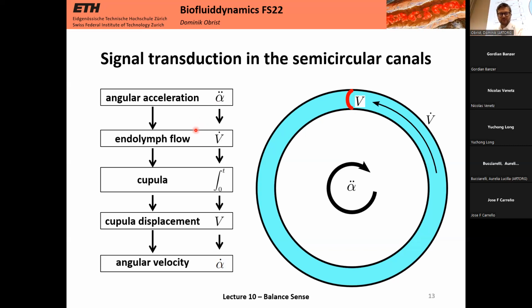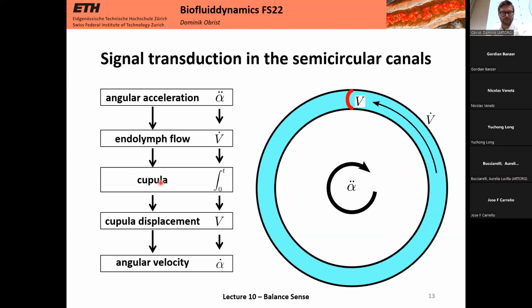So V dot, the amount of fluid flow, to first order, and this is all a first order model, is proportional to the acceleration. The more we accelerate, the more fluid flow we have inside the semicircular canal.